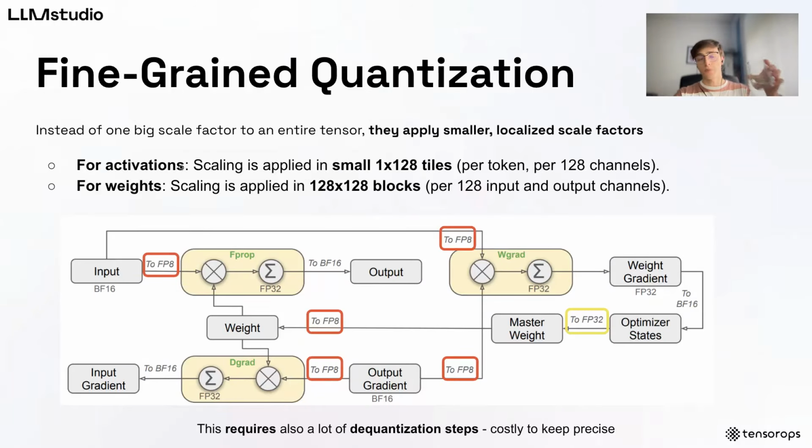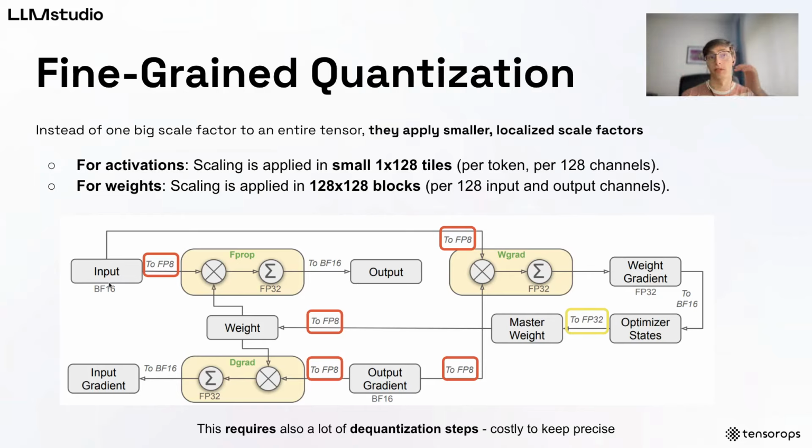Let's look at it a bit now. Like I was saying, instead of applying one big scaling factor to an entire tensor, so a bunch of numbers, they applied smaller localized factors to make each one with fewer errors. Also, because they are quantizing during training, they have to do quantization and then dequantization, because sometimes they have to work in higher precision for backprops and whatever.